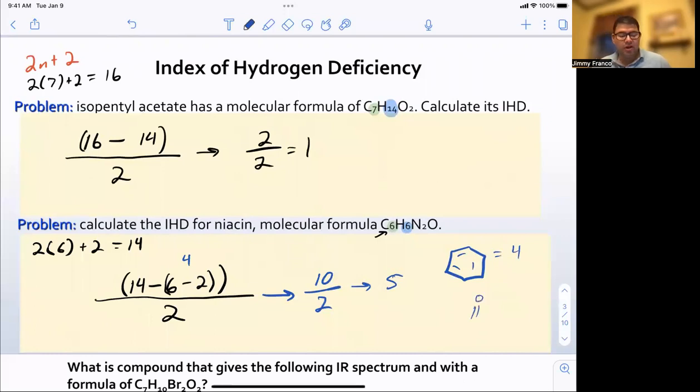And so if we look at our carbonyl, I'll draw the whole molecule together. It looks something just like this. And so your hydrogen deficiency comes from one double bond here. Okay. So that's 1, 2, 3, 4, and then the ring makes 5.